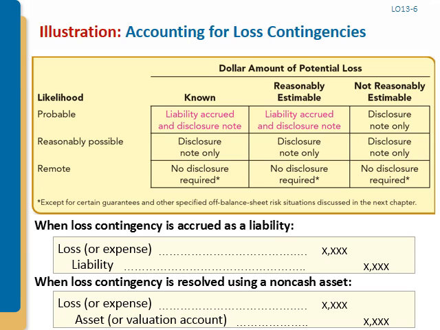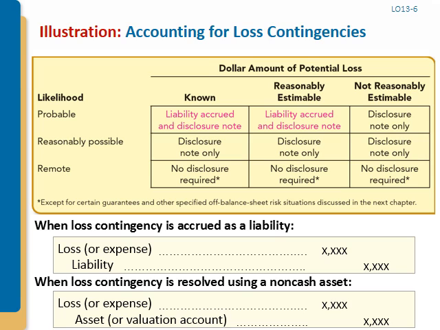All right, now I want you to note here that for the exam, you will want to basically memorize this illustration 13-16, where the dollar amount of potential loss is either known, reasonably estimable, or not reasonably estimable, and the likelihood is probable, reasonably possible, or remote.